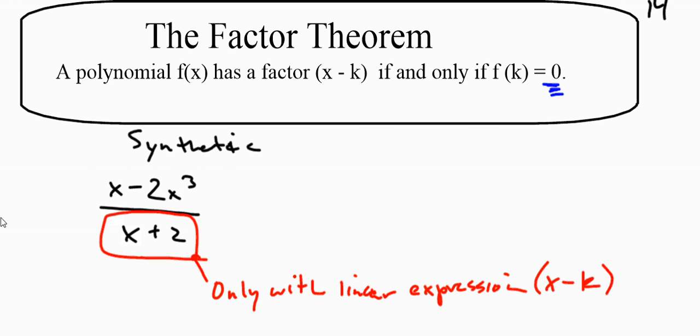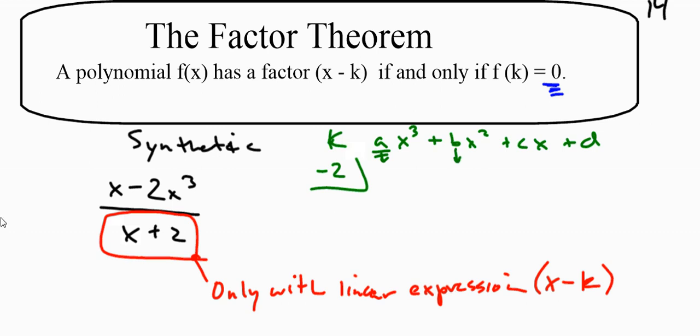So what we do is we take the zero of our x plus 2. So we take our k value, and in this case k is going to be negative 2. Now we take all the coefficients from the highest coefficient to the lowest coefficient, and we put them in, from ax cubed plus bx squared plus cx plus d.